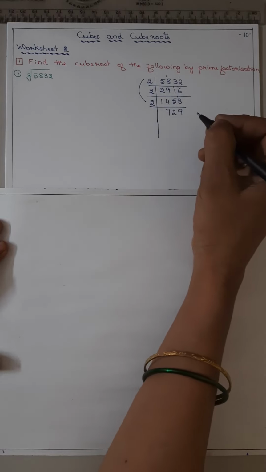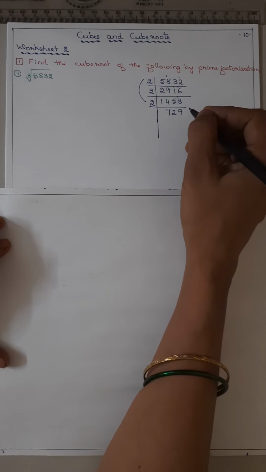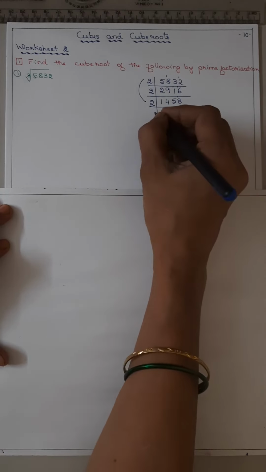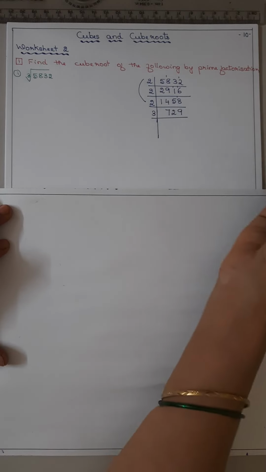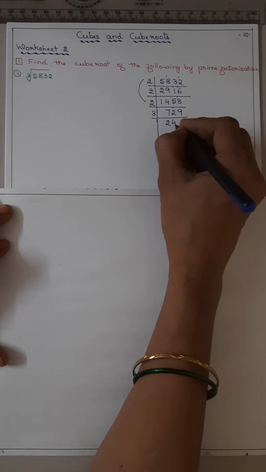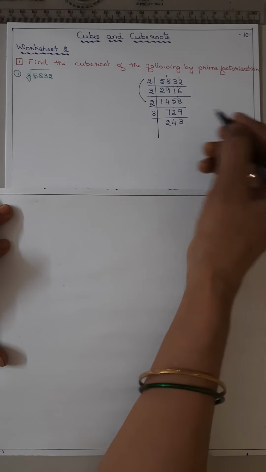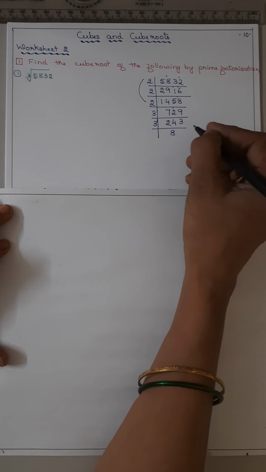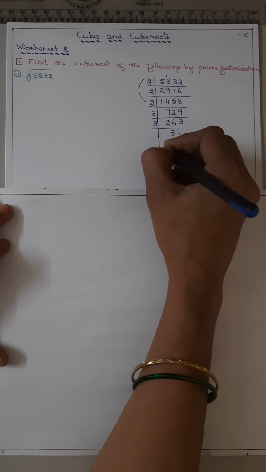Now it is not possible with 2, try with 3, 9, 10, 11, 18. Yes, divisible by 3. 3 2s are 6, 1 remains, 3 4s are 12, 3 3s are 9. 3 8s are 24, 3 1s are 3.